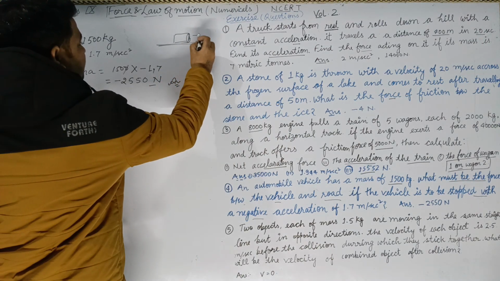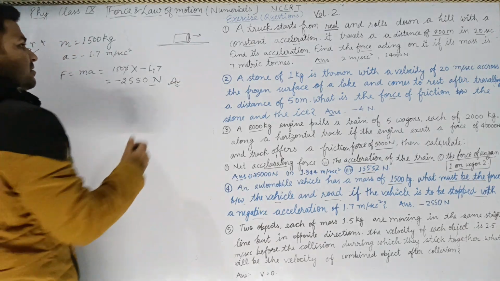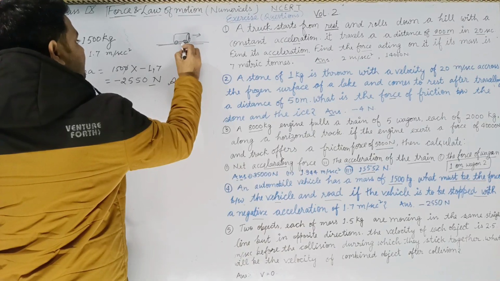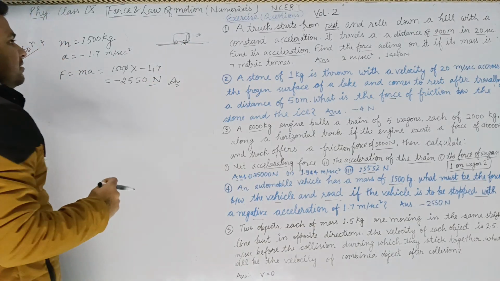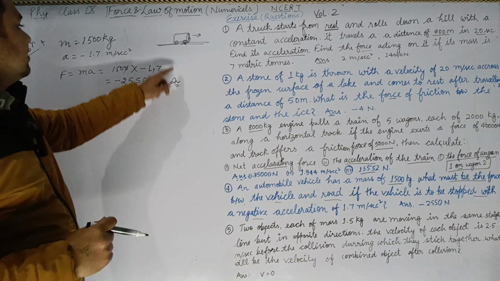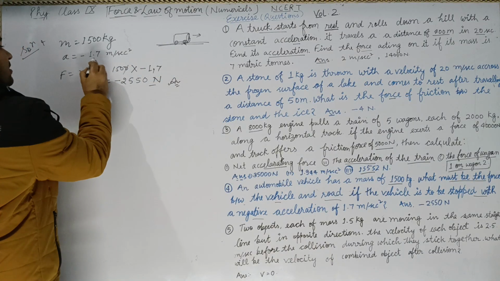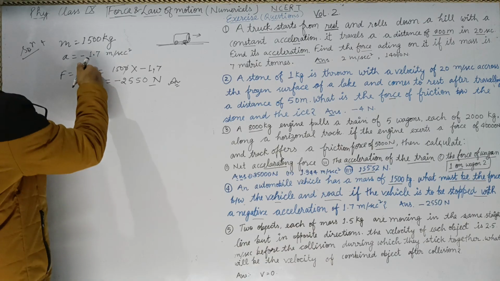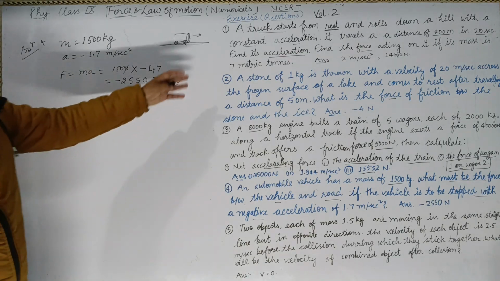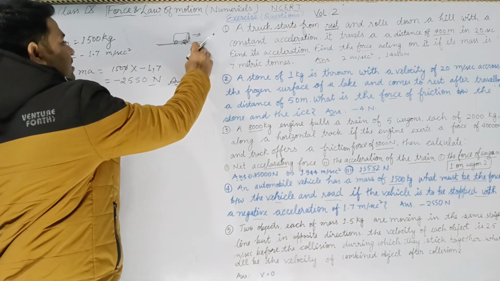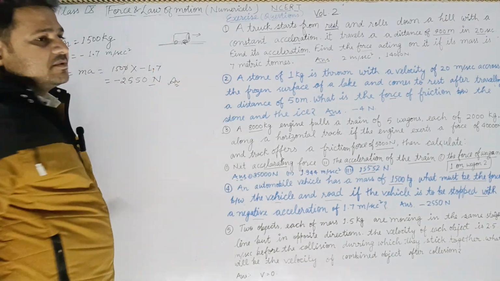The vehicle is moving in the forward direction, but the force of friction between the tire and the road stops it with a negative acceleration of 1.7, and after some time it stops.